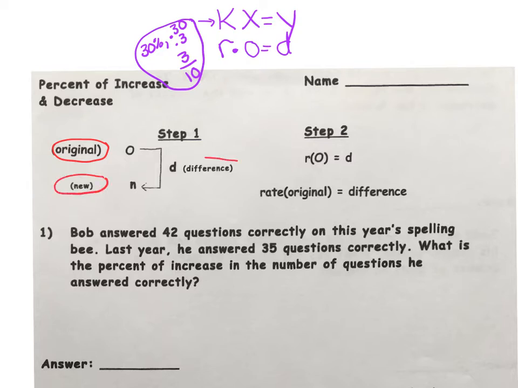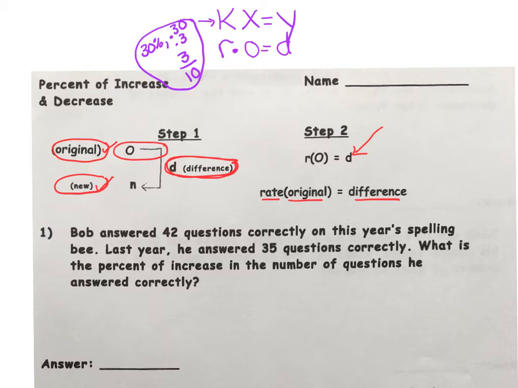You need to find, by subtracting, the difference between where you started, the original amount, and where you're at with the new amount. Once you find the difference, you're going to compare that to the original amount. In step 2, you'll use this formula, rate times original equals difference.